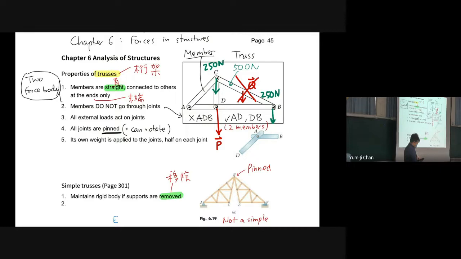If a member has weight, for example, 500 Newton, 250 Newton goes to the left and 250 Newton goes to the right. It's okay.